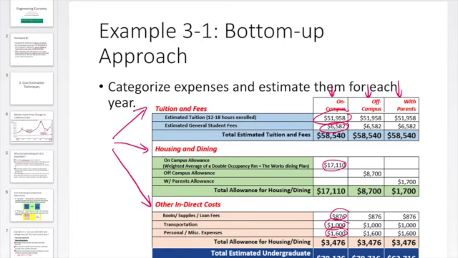You want to rent a place. So the number you're going to use is this number. So it's gonna be 8,700. And then for the other indirect costs, they are pretty much the same.